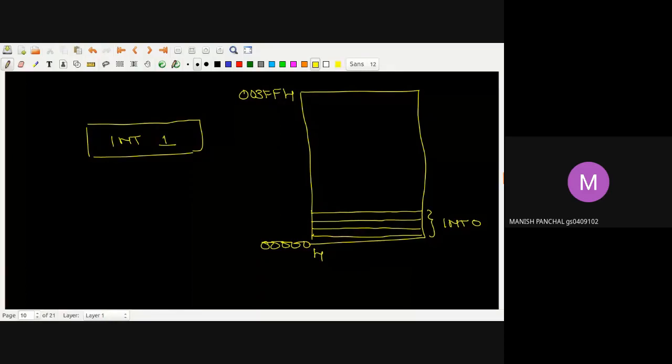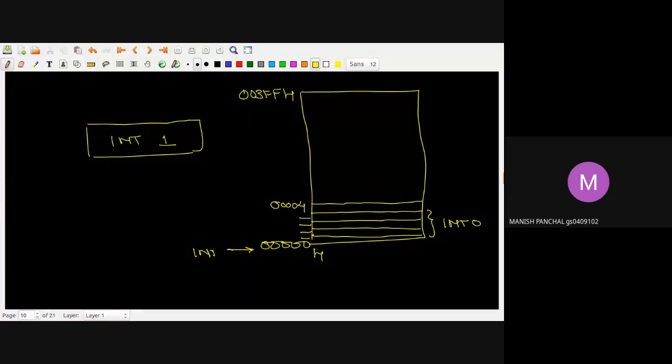Okay, so my next location will start at which location? This is 00000, this is 00001, this is 2, and this is 3. So the new location I will get here is 00004. Okay, so this is for INT0, this is for INT1.